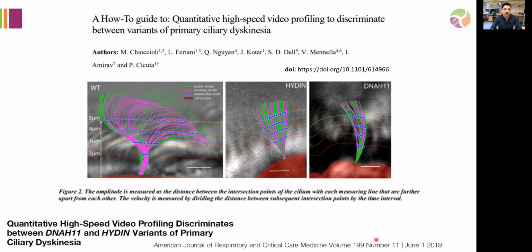So I hope I convinced you that looking at the cilia for PCD diagnosis and for PCD research is important. And so now I would like to switch to the next part, which is showing a couple of examples of different types of PCD patients. If you want to take a guess in the chat whether they are normal or not normal, or guess what could happen, you are more than welcome.